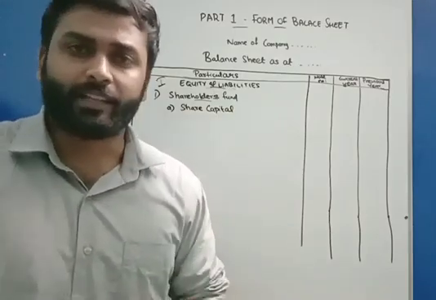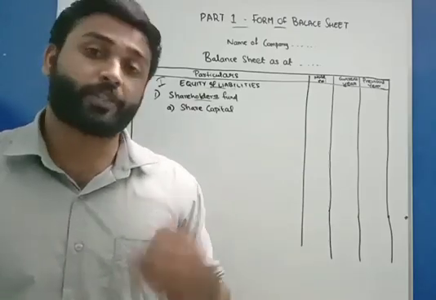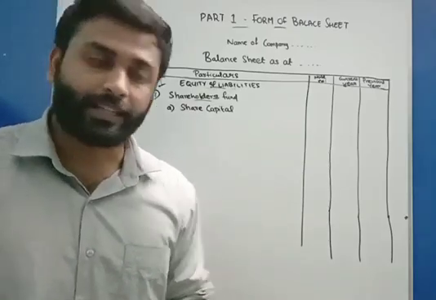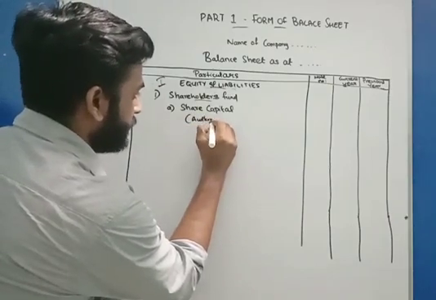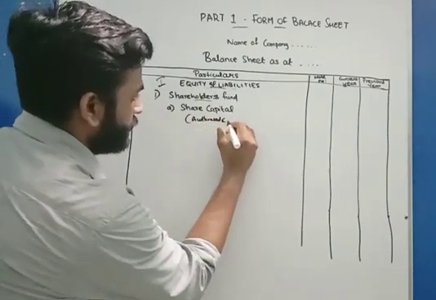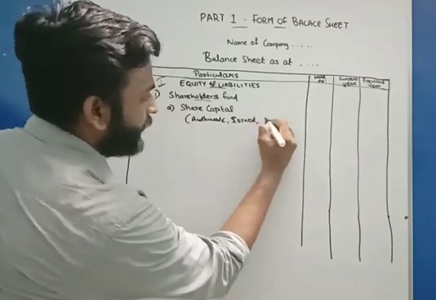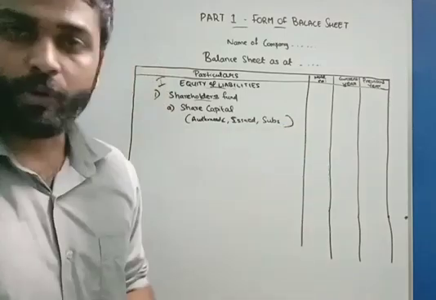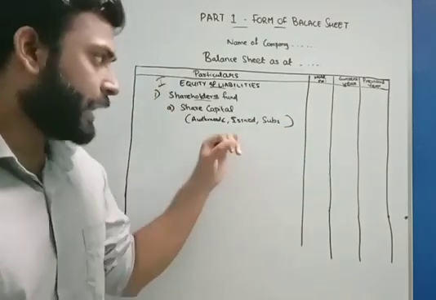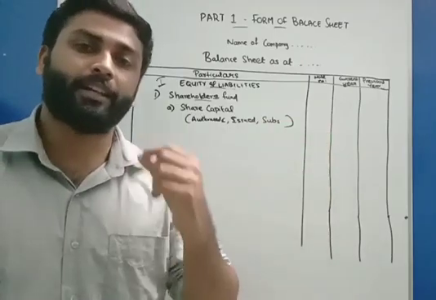When we studied the issue of shares, we prepared the notes of share capital, that is authorized capital, then issued capital, then subscribed capital, then less calls in arrears. That all we should prepare in the notes.